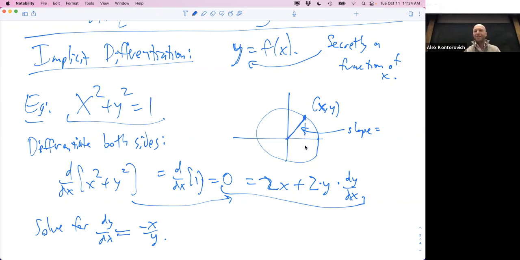The change in y over the change in x is just y over x. It's kind of a trick question because it's too easy. Y over x. Okay. What is this slope? The slope of the tangent line is perpendicular to it. So what's its slope? It's the negative reciprocal, negative x over y. That is exactly what we just saw.